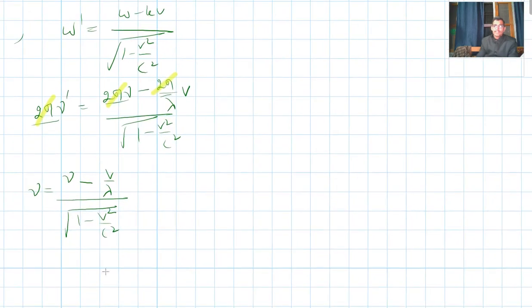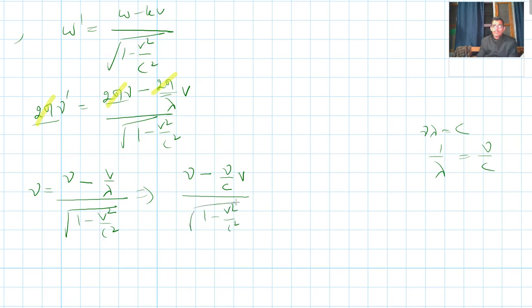Since nu lambda is equal to c, 1 by lambda is nu upon c, so it is nu minus nu upon c into v, over square root of 1 minus v square over c square.